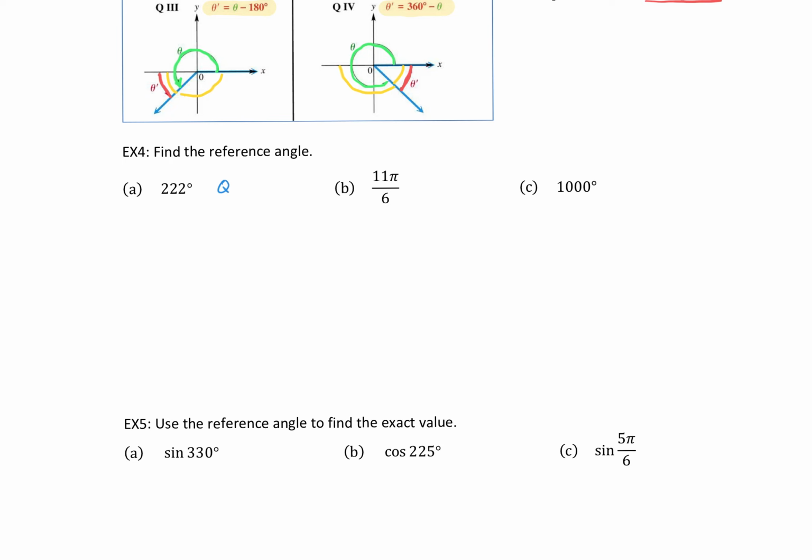So I know I'm in quadrant 3. And that means my reference angle is going to be equal to theta, which is the 222, minus 180. And that means my reference angle is 42 degrees.